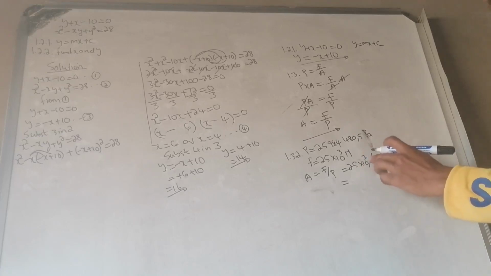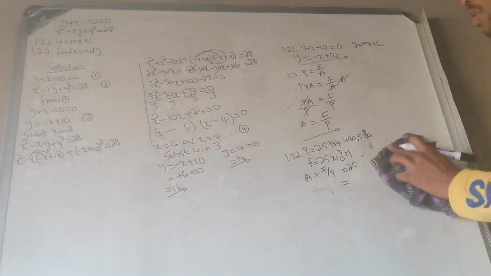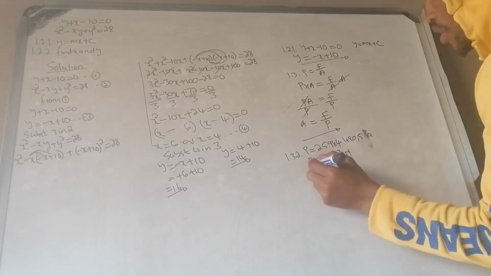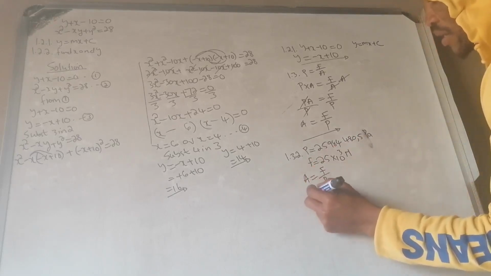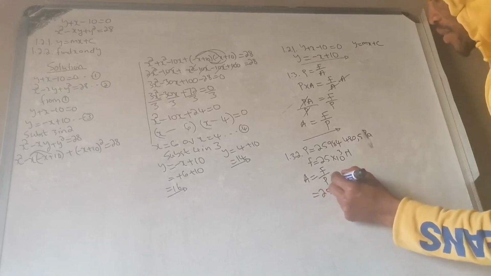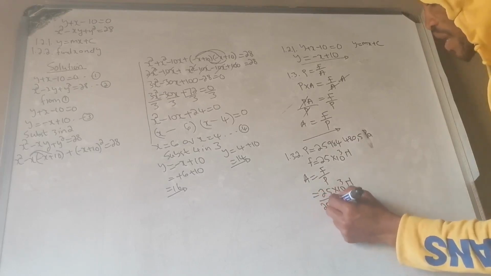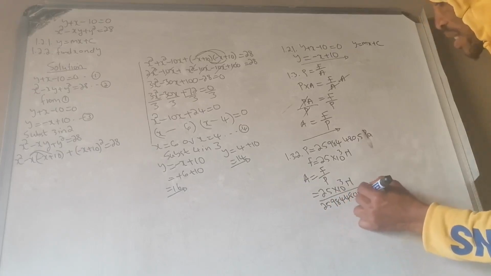In fact, let me not do it in this way, so that you may capture this fully. We know that area equals force over pressure. Force is 25 times 10 exponent 3 Newton. Pressure is 25,984,480.5 pascals.